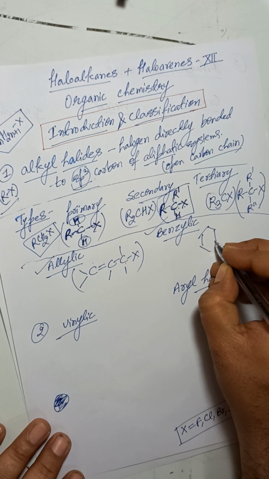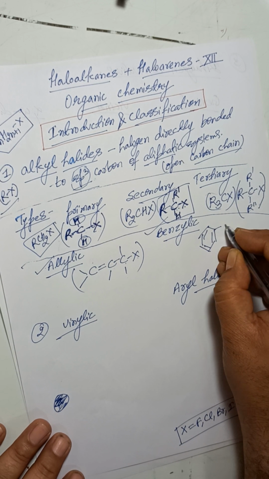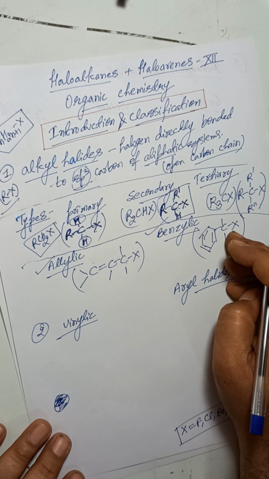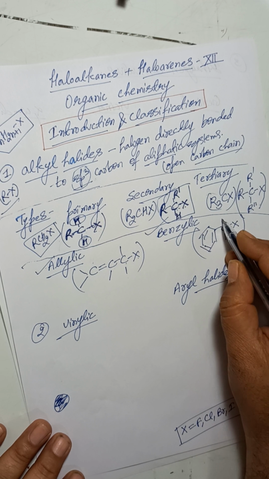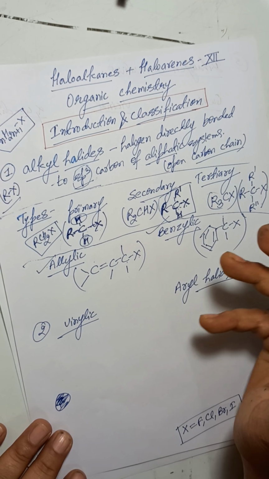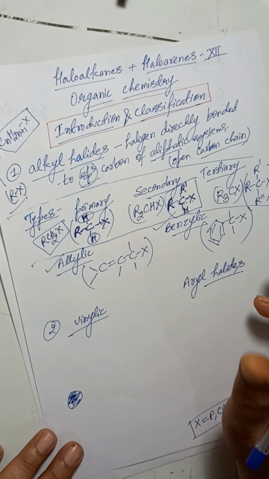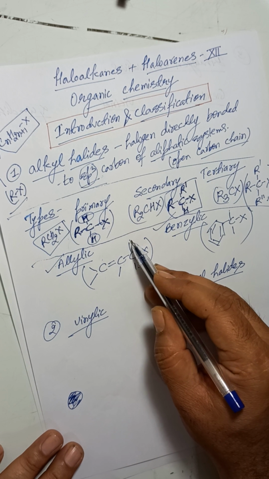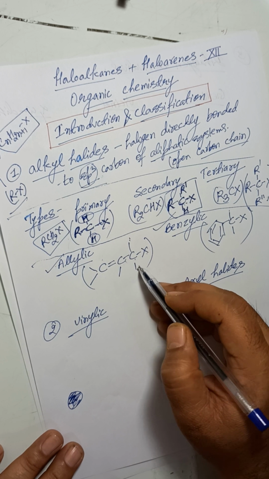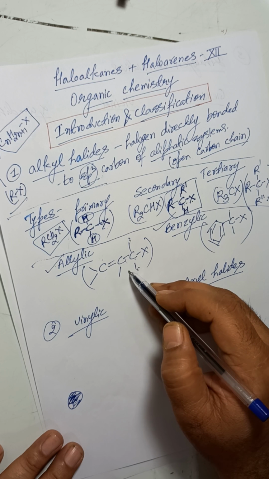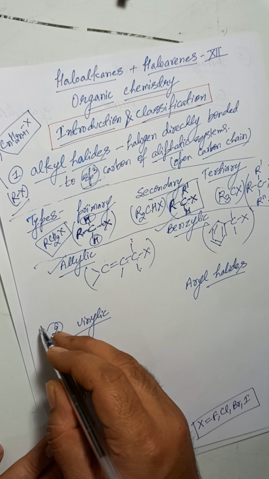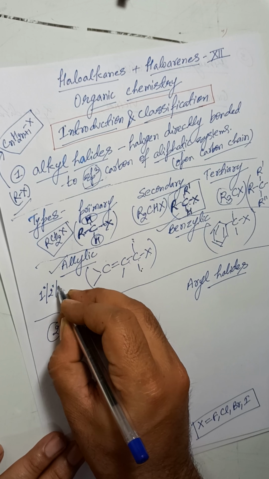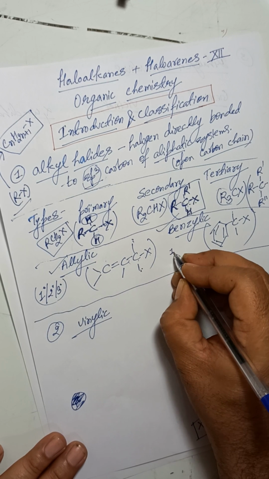Benzylic: halogen directly attached to sp3 carbon which is adjacent to a benzene ring. Here 2 valencies remain, so they can be 1 degree, 2 degree or 3 degree. If I put hydrogens over there, 1 degree. If I put 1 hydrogen, 1 carbon, 2 degree. If I put both carbons, 3 degree. So allylic and benzylic can be 1 degree, 2 degree, 3 degree.